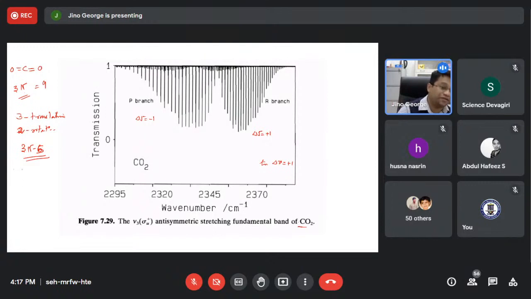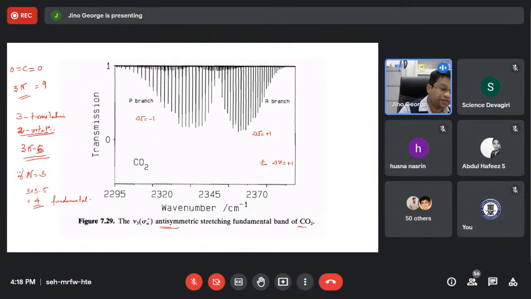So if n is equal to 3, you have 3 into 3 minus 5, that is equivalent to 4. One of them is actually anti-symmetric. You have a symmetric stretch and you have 2 bending modes for carbon dioxide. These are the fundamental vibrations.